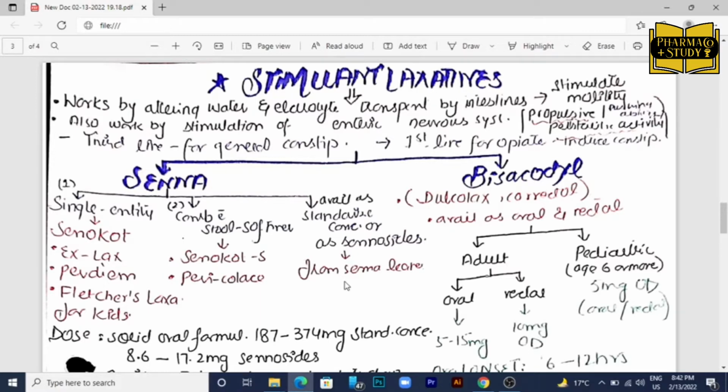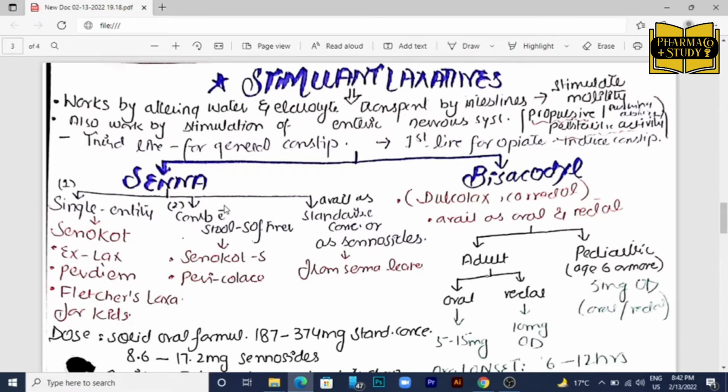If you have studied pharmacognosy, you know that senna leaves can be used to treat constipation. By extraction or various other processes, sennosides are extracted from the senna leaves and are available as a standard concentration in the market.